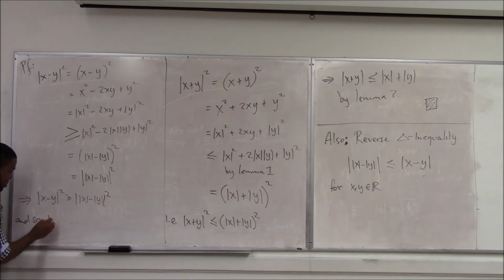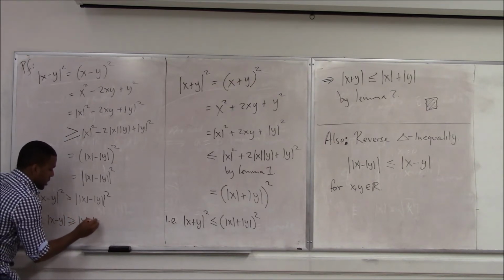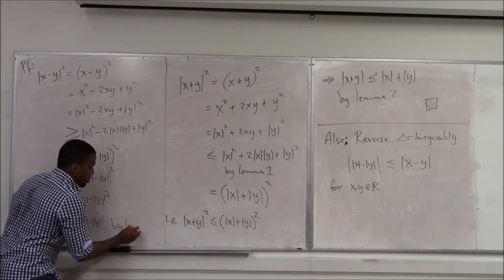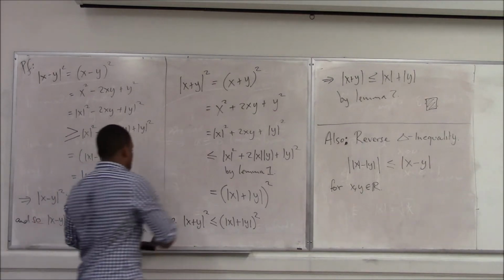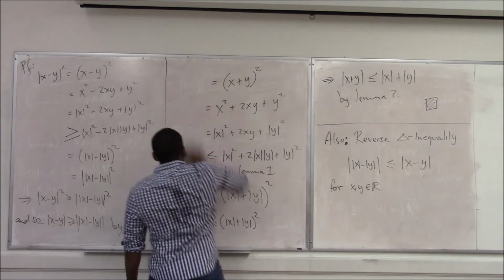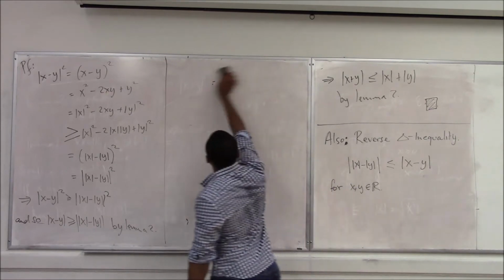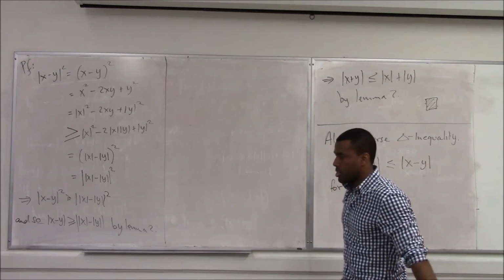So the absolute value of x minus y is greater than or equal to the absolute difference of the absolute values, by the lemma. We can get a corollary for this, which also shows up all the time, like when you do a course like advanced calculus or study metric spaces.